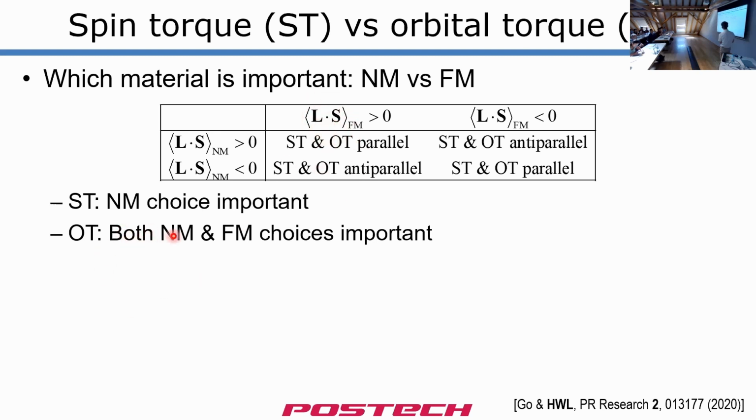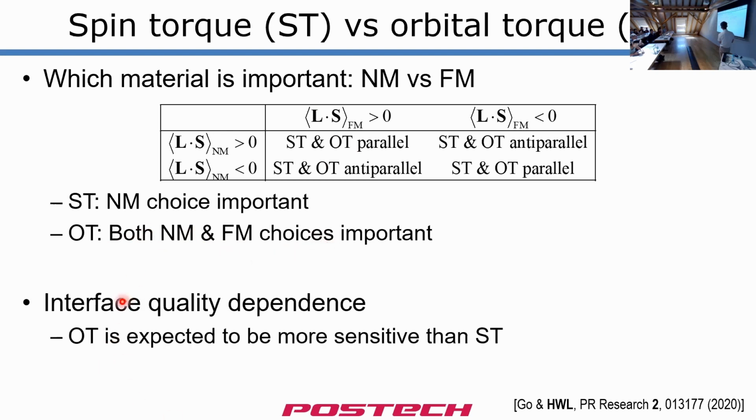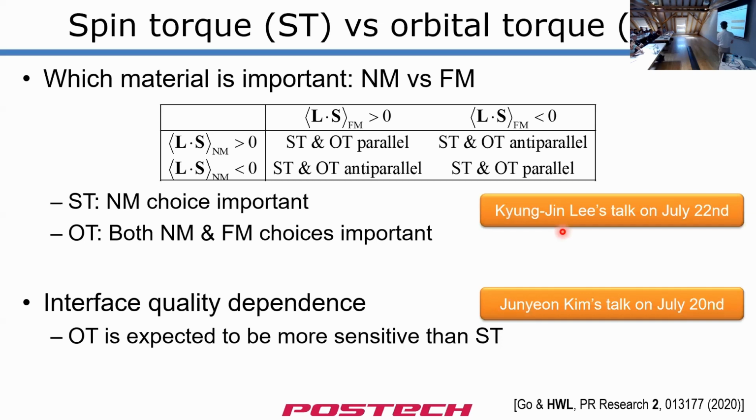So both normal metal and ferromagnet choices are important for orbital torque. And another factor is that orbital current is more sensitive to interface quality, so that may affect the magnitude of orbital torque. I guess Professor Kyung-Jin Lee and Dr. Junyoung Kim will discuss this issue in their talks.